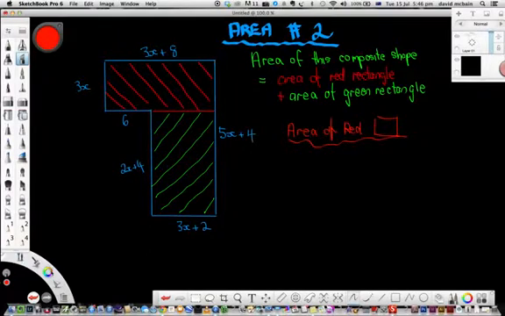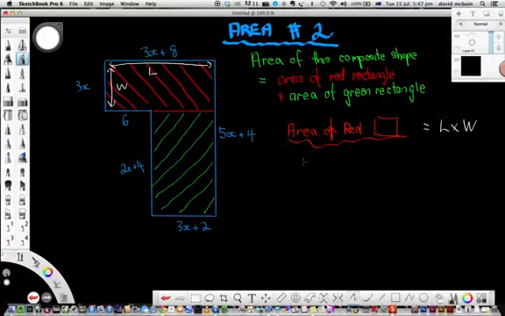Well, if we can remember, the area of any rectangle is its length multiplied by its width. So in the case of the red rectangle, the length was 3x plus 8 and the width was 3x.